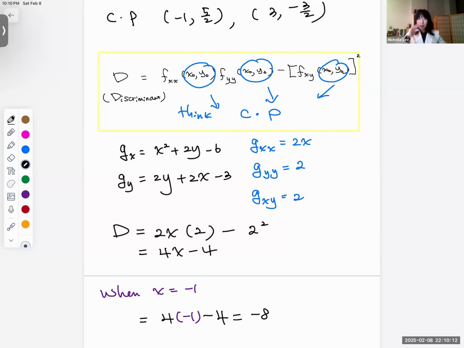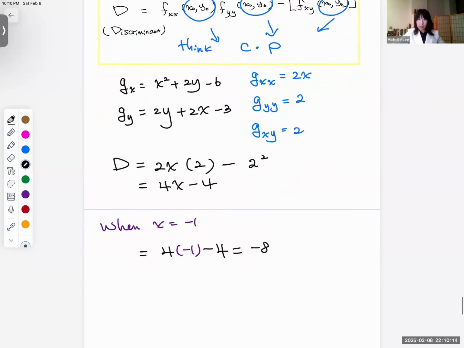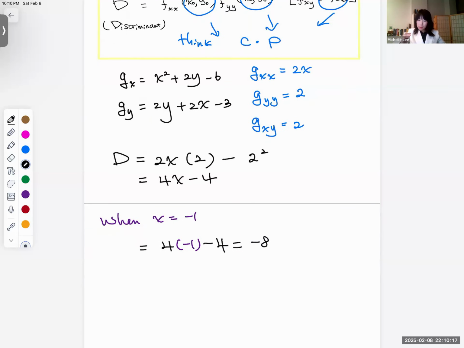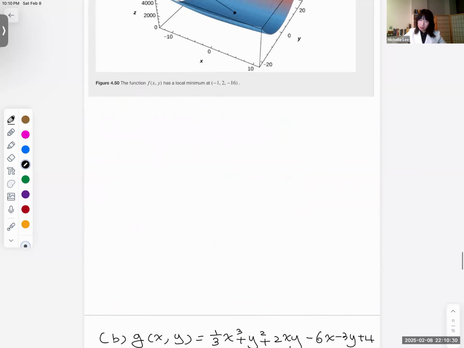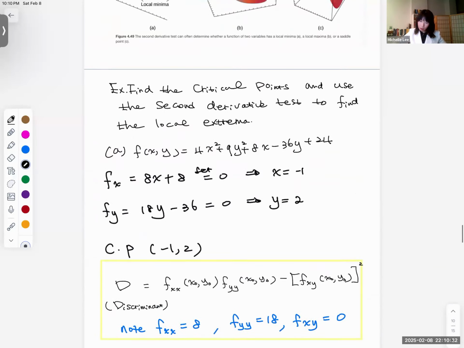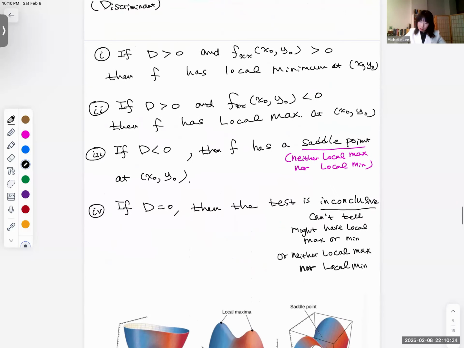Okay, then let's conclude. Oh, you cannot see. I'm very sorry. Let's conclude. So this is a discriminant, right? So we have one condition of discriminant, right? So let's find out.